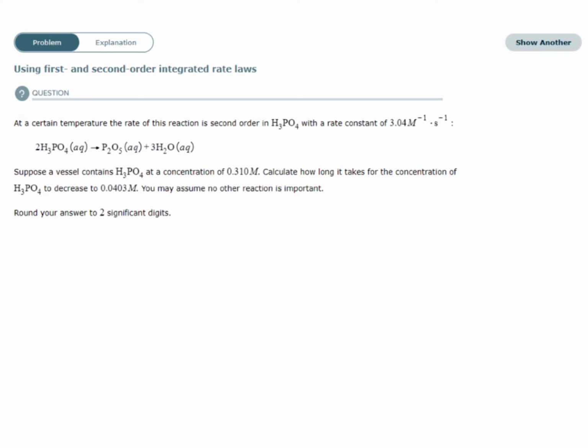So we want to start off always with our given information. It says that this reaction is second order in H3PO4. So I'm going to go ahead and write an equation. Rate equals K times the concentration of H3PO4 to the power of 2. And they give us the rate constant.